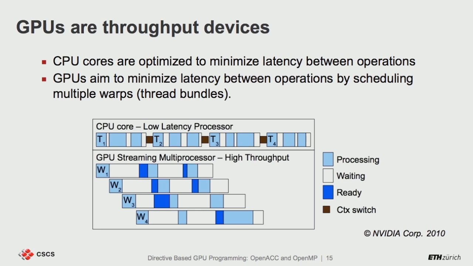So you need a quick way that whenever a thread stalls, because it waits for its data to come from memory, the hardware should be able to schedule another set of threads to take its place, so that the overall computation will eventually go through, and the latency, this wide gap, will be covered by useful computation.